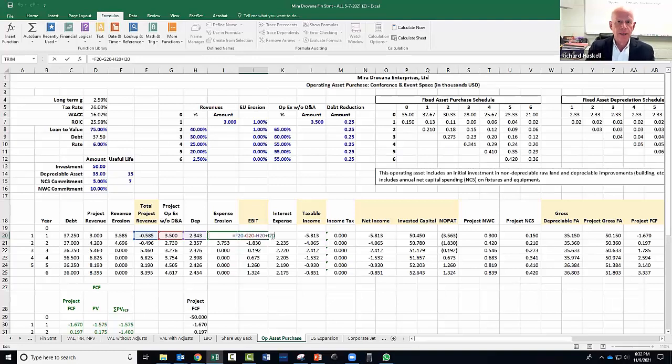Think about that for a minute. To deal with my revenue erosion, I deducted that before getting to total revenue. To think of my expense erosion, I'm going to increase my EBIT for the project by that expense that I now know I will not bear because of the project. And that then results in an EBIT of 3.563 in the negative. Well, that's just not good.